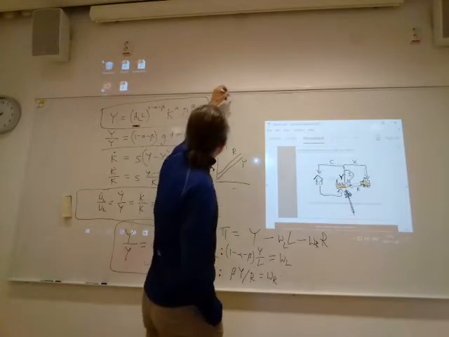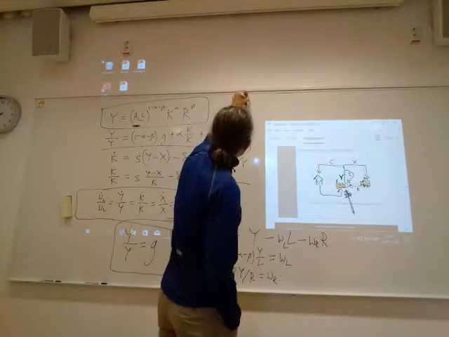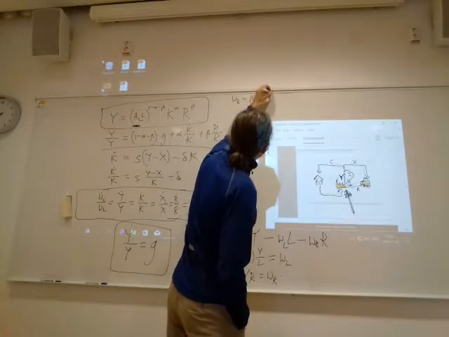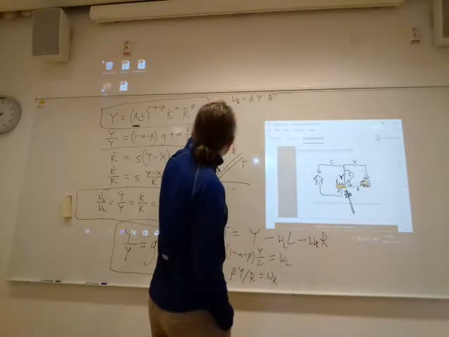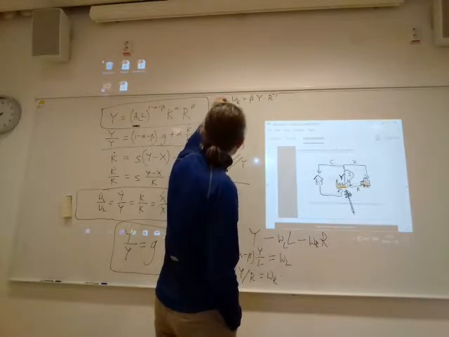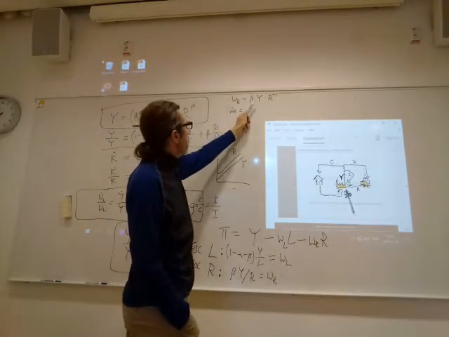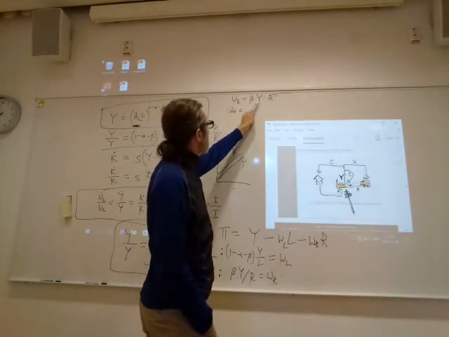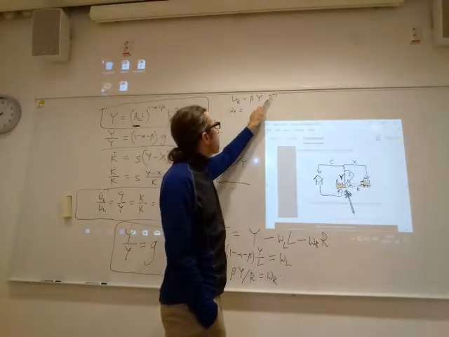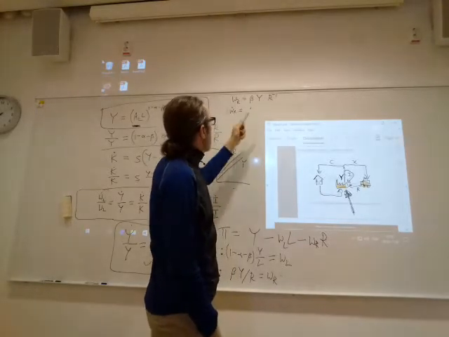Beta, so let's write it like this. WR equals beta times Y times R to the minus 1. And dWR by dt, or WR dot, is what? How much does WR change over time? It depends on how much Y changes over time multiplied by the effect of Y on WR. And how much R changes over time multiplied by the effect of R on WR.